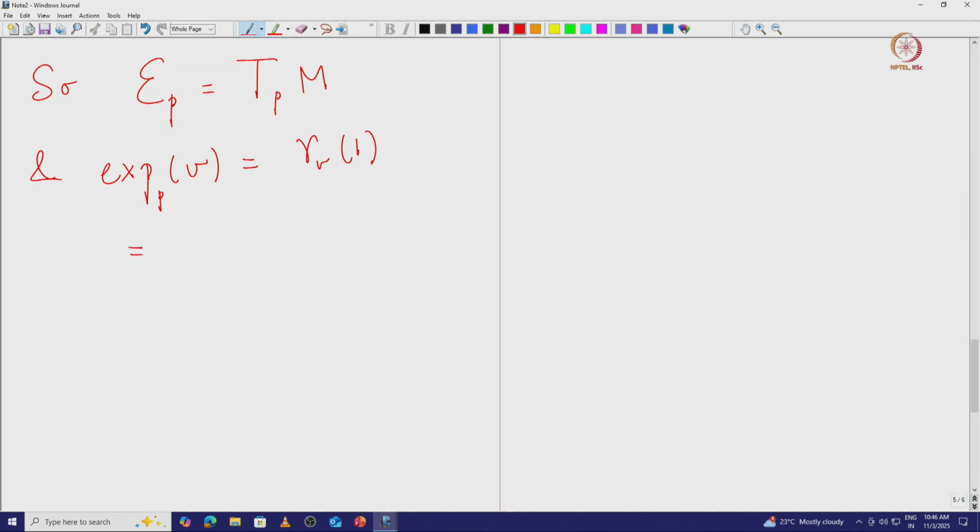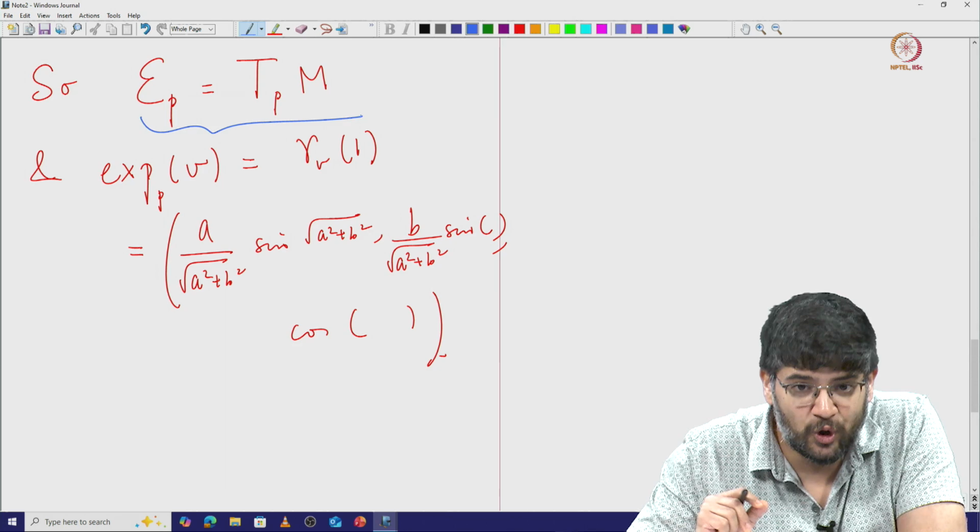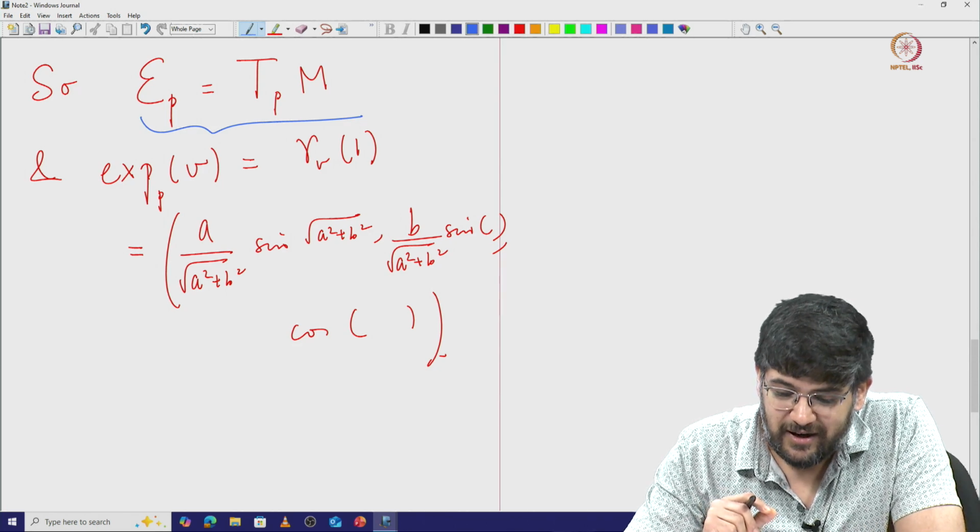So this is precisely given by a over the square root of a squared plus b squared times sine of the square root of a squared plus b squared, b over the square root of a squared plus b squared times sine of the same angle, and then cos of the same angle. Okay, so in this case one can explicitly write down the exponential map, and the key point is that the exponential map is defined on all the tangent space.